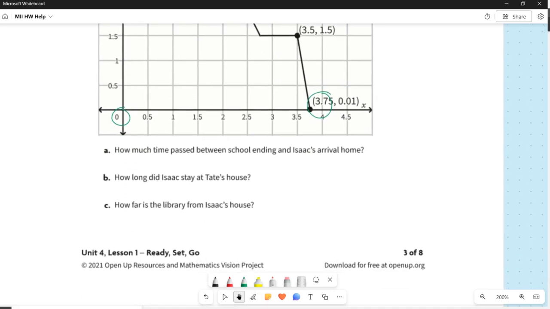So if we want the amount of time that's passed between these 2 points, it's going to be 3.75 minus 0, which is obviously 3.75. They never really specifically say hours here, but I think it's safe to assume that we're talking about hours. So 3.75 hours have elapsed.